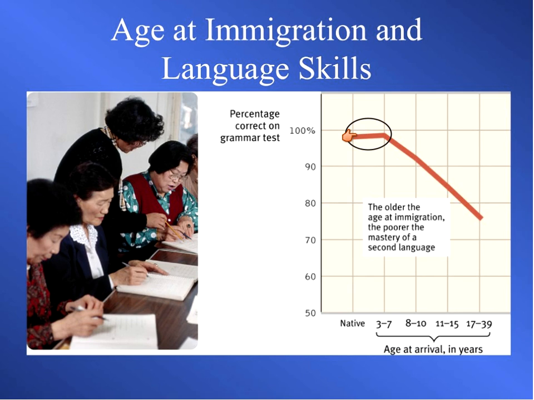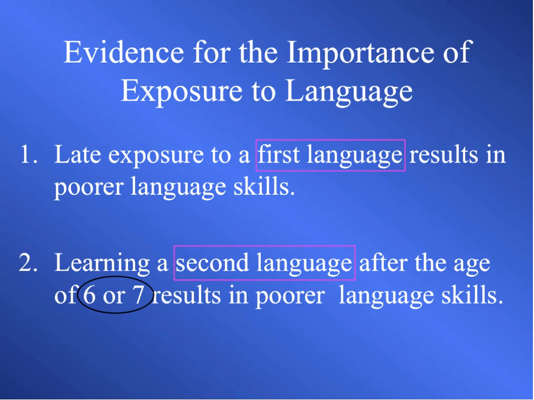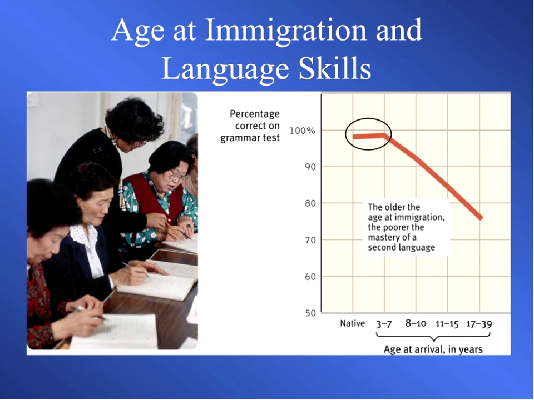But if you come within that window of opportunity, within the critical period where the clock is running, and you get here and you learn English by age 6 or 7, you're going to be basically indistinguishable from folks who were born in this country. Okay, so you can see that in terms of language skills in the second language really obviously with the data and the graph from that specific study.